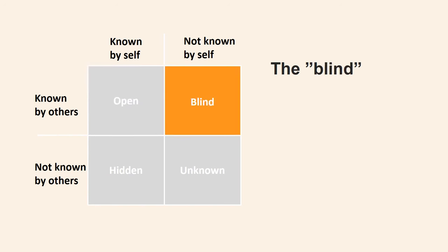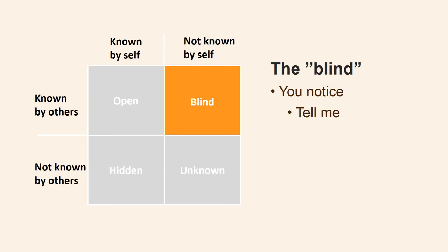The blind quadrant represents things that are not known by myself but are known by you. You may have noticed that my eye contact seems to be lacking in our ongoing conversation, or that I am interrupting you in your sentences. It's a bad habit from my side which makes the communication between us difficult.